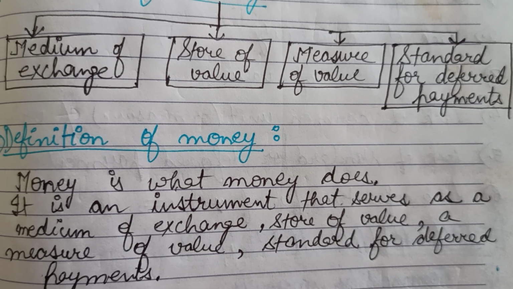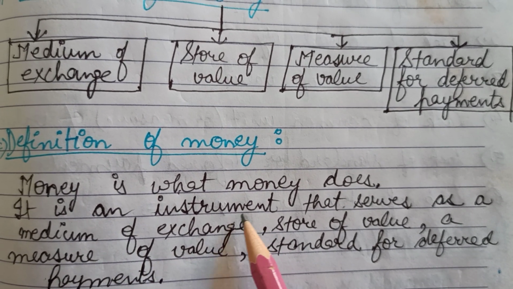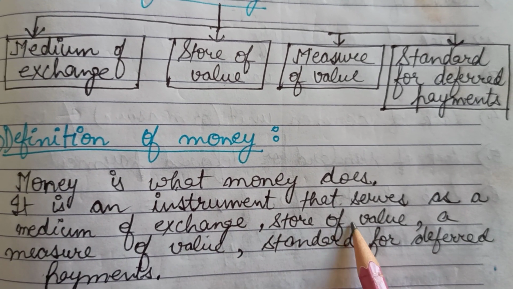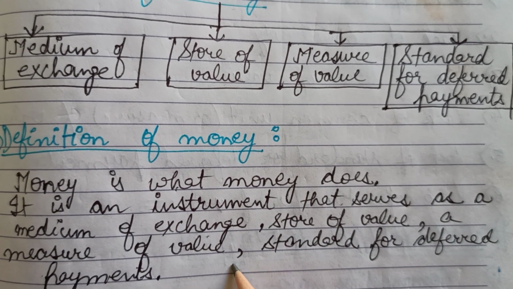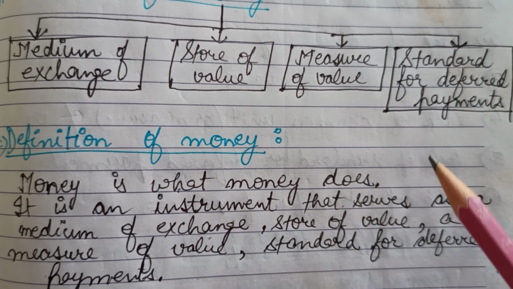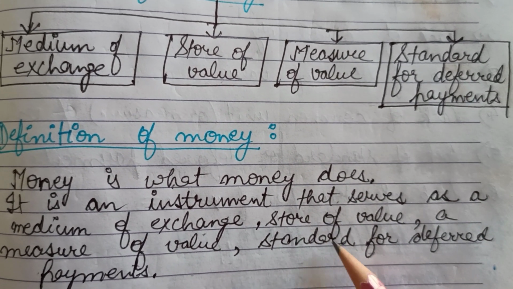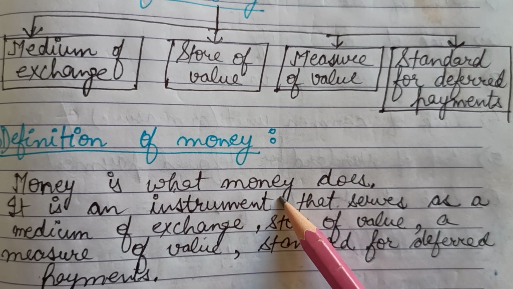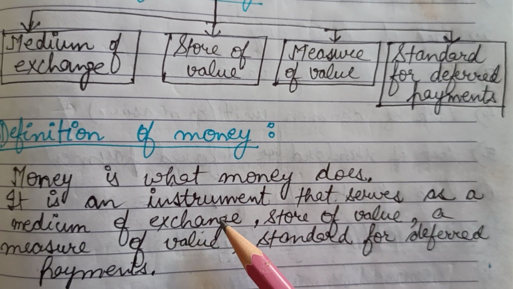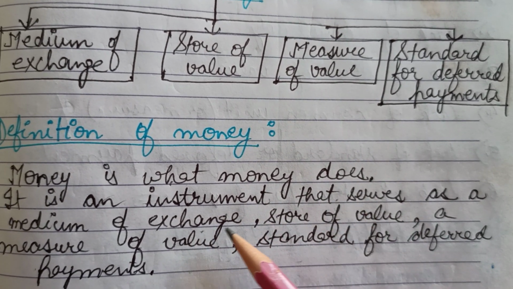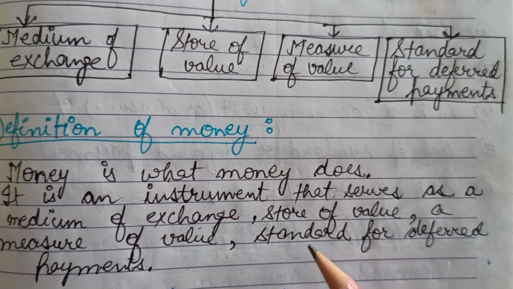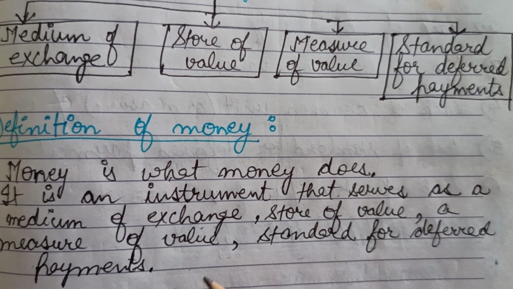So we can define it as an instrument that serves as a medium of exchange, store of value, a measure of value, and standard for deferred payment. So from the functions only we made out the definition of money, that is money is what money does, that is money performs its functions, and therefore it is an instrument that serves as a medium of exchange, store of value, a measure of value, and standard for deferred payments.